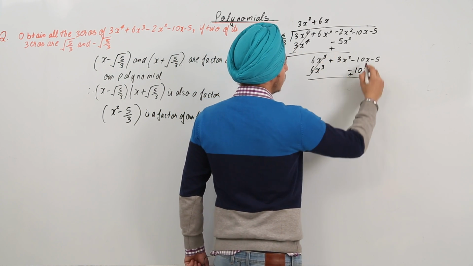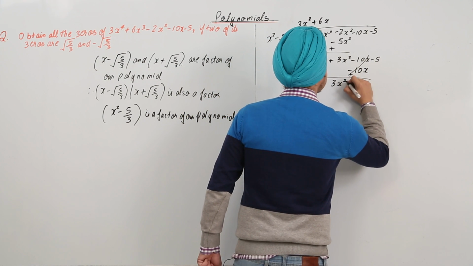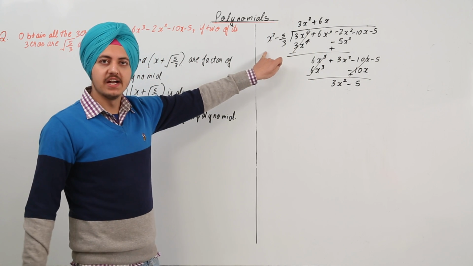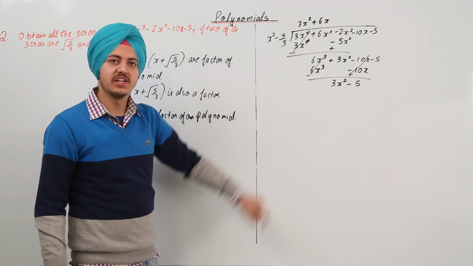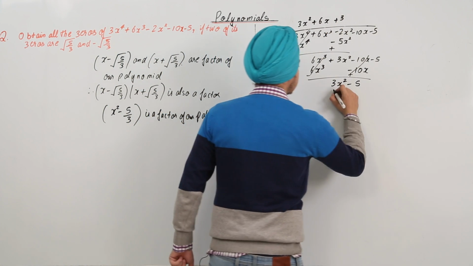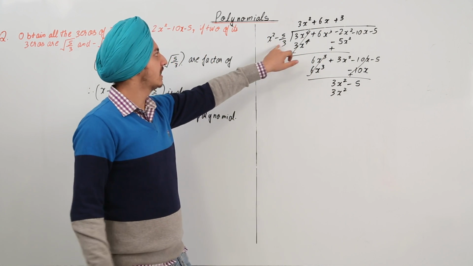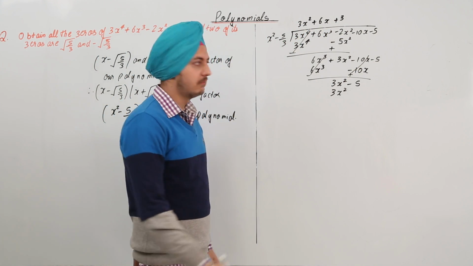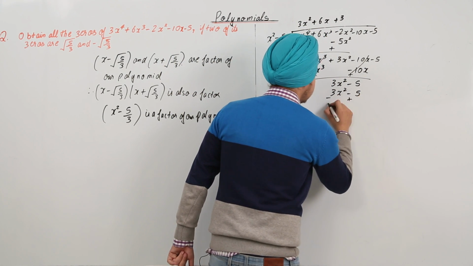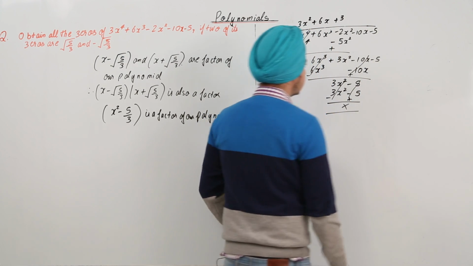This becomes 0. This also becomes 0. We have 3x^2 - 5 over here. Now what should be multiplied with x^2 so that we get 3x^2? Plus 3, correct? So this is 3x^2, and minus 5/3 into 3 is minus 5. Change of signs, this goes for 0, this goes for 0. So the remainder is 0.